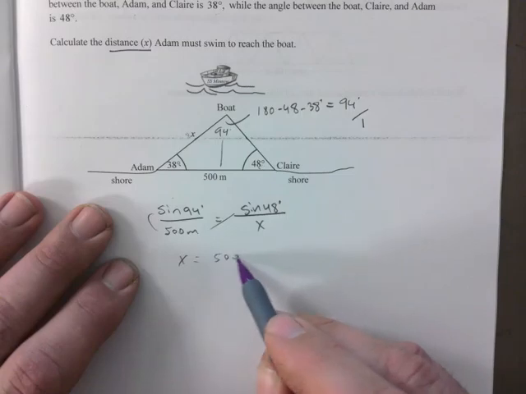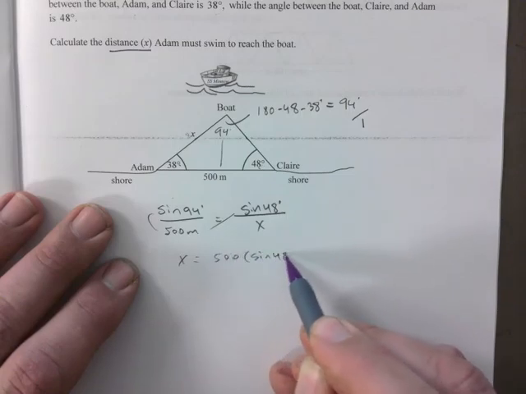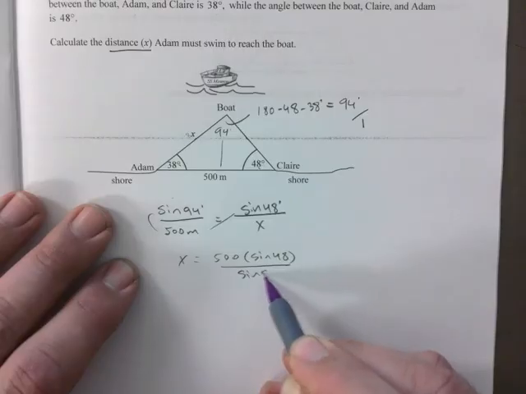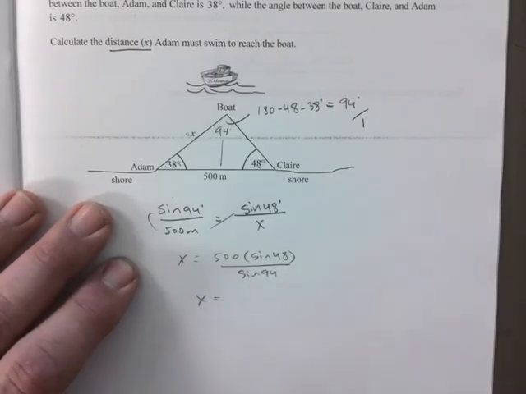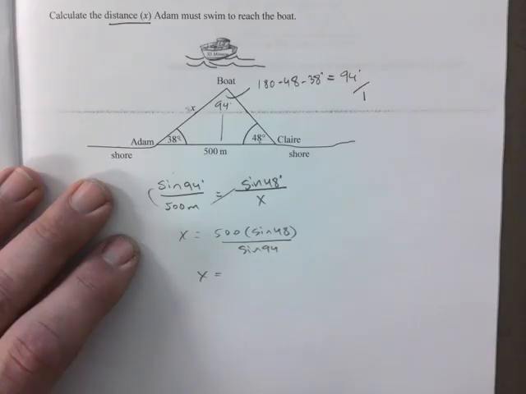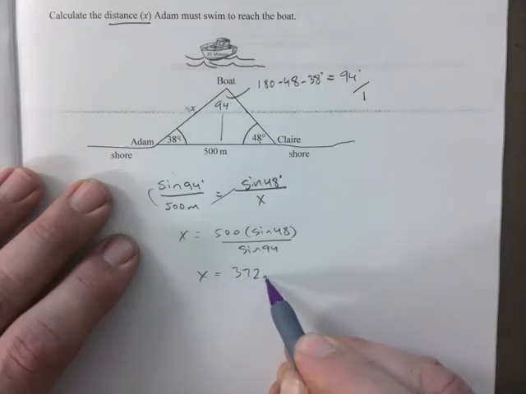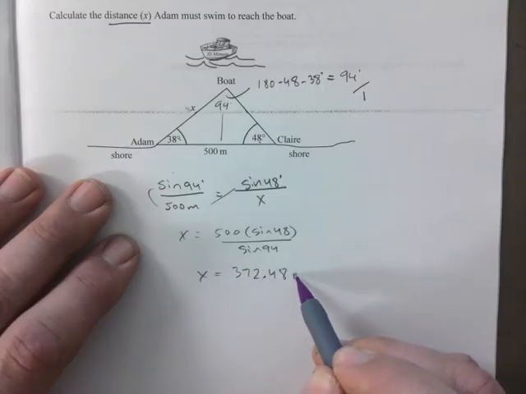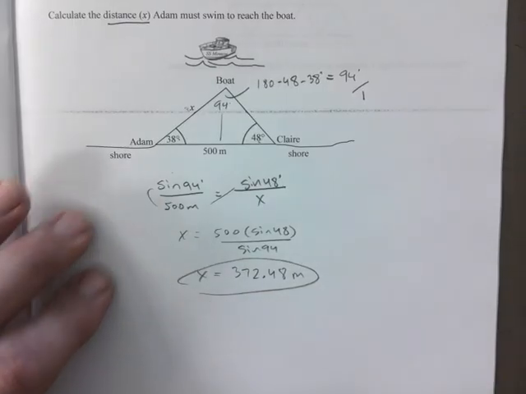So you go 500 times sine of 48 divided by sine of 94. I hope you all still remember how to type things in. 372.48. And we are in meters. Don't forget your units, please.